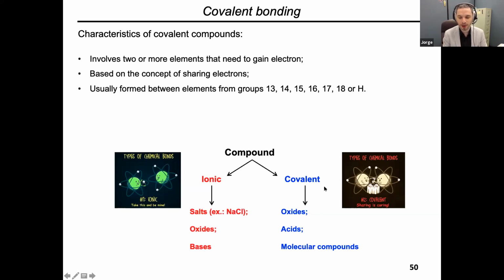And covalent compounds are subdivided into oxides, acids, and molecular compounds. Our goal for this week is to recognize any of those subdivisions and name the compounds as well.